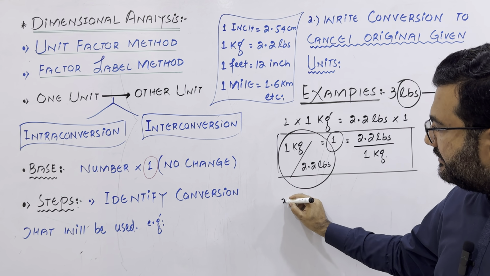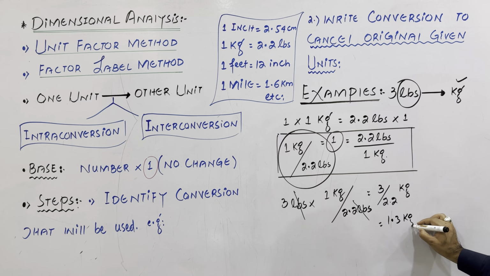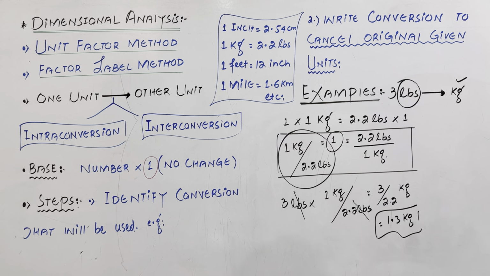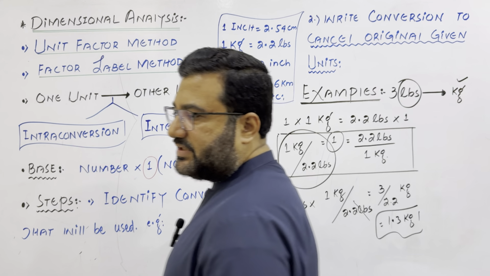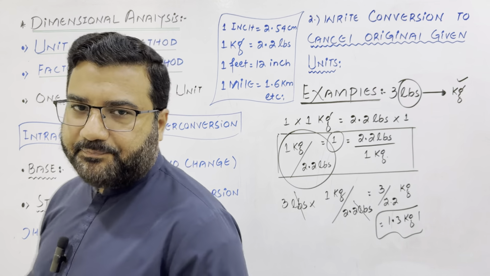Dear students, pounds will be cancelled with the pounds and it will be 3 divided by 2.2 kg and the answer will be something like 1.3 kg, roundabout. So step 1, identify the conversion, and step 2, cancel the original units and get your answer into the required units.